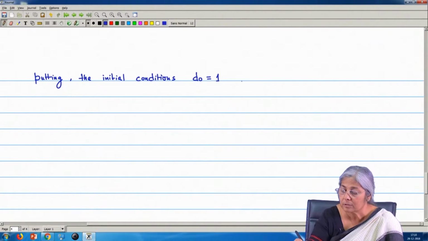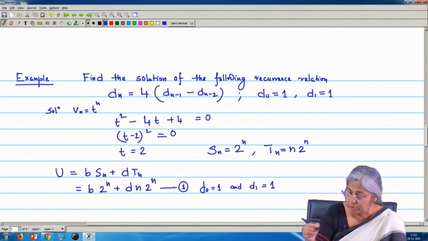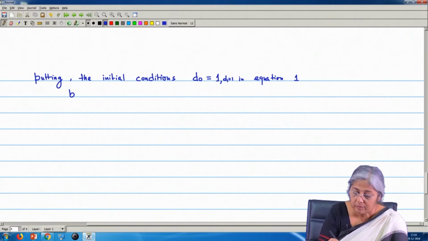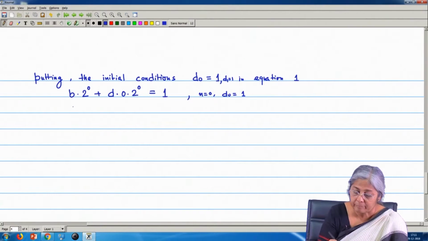So, we get b into 2 to the power 0 plus d into 0 into 2 to the power 0 equal to 1, where n equal to 0, d 0 equal to 1. So, this becomes 0, and b equal to 1.